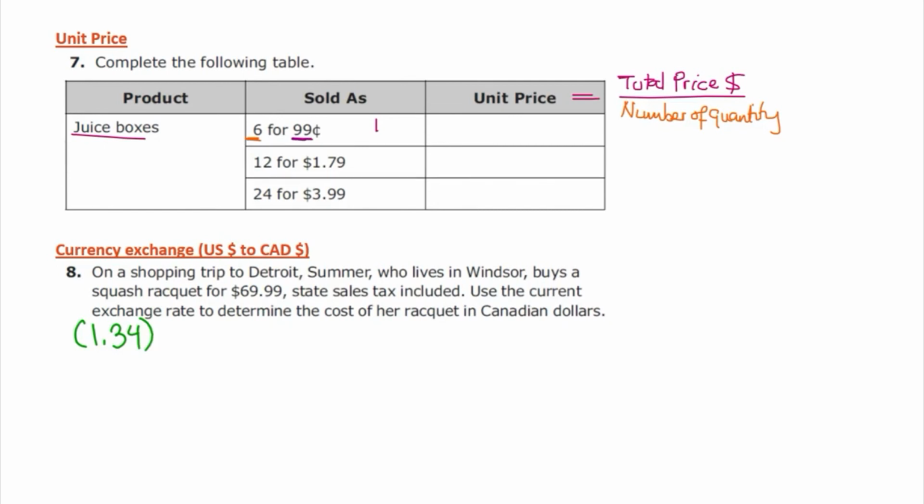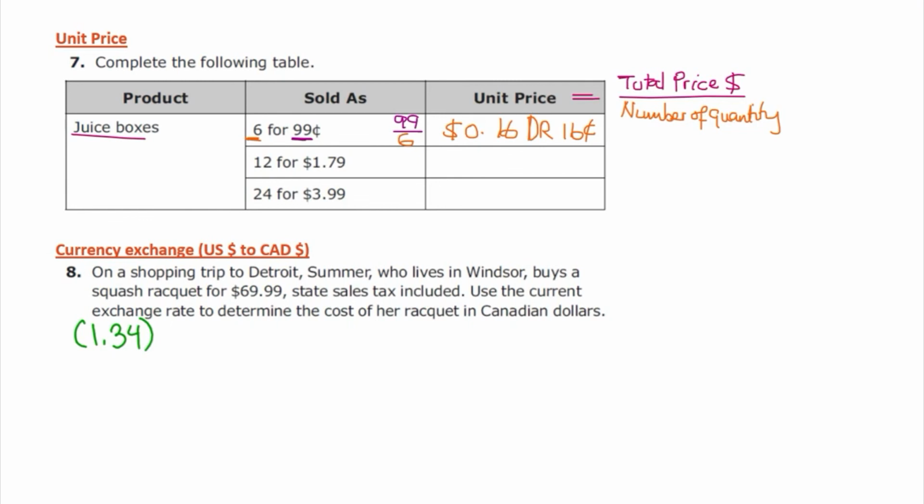So if I divide 99 by 6, I will get the unit price for that particular juice box, which in this case is 16 cents.